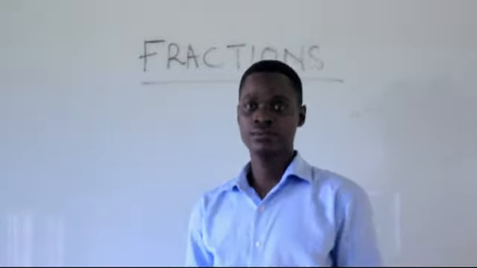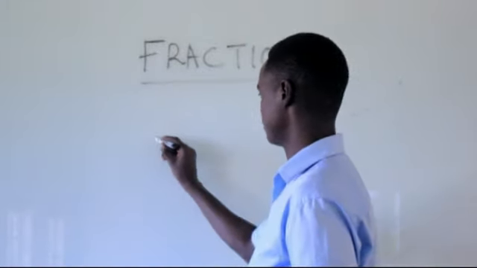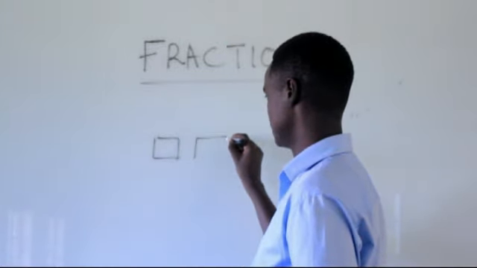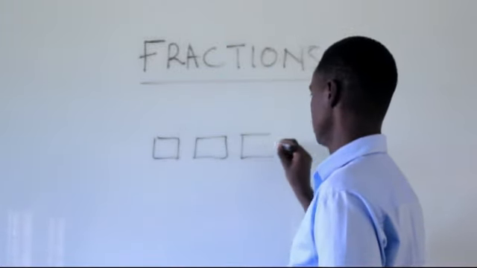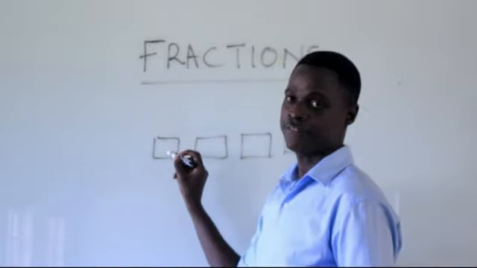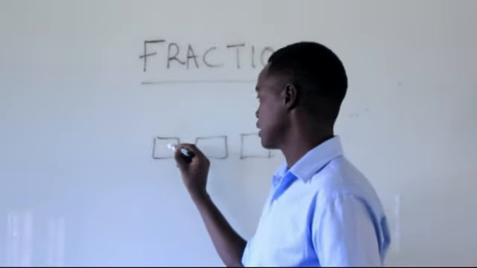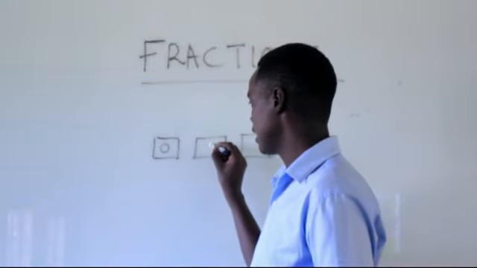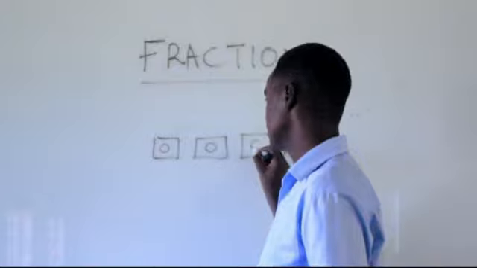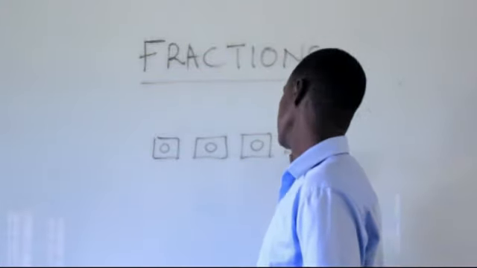Then on each, you write a fraction. So you write on each the fractions that you know. However, make sure that on each paper you write a fraction of different type. Don't write the same type on each of the papers.